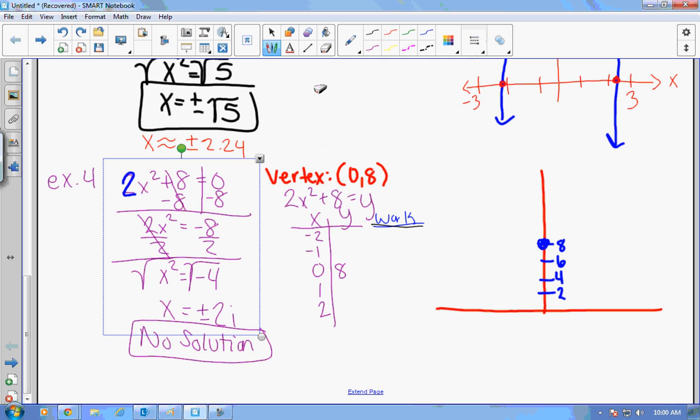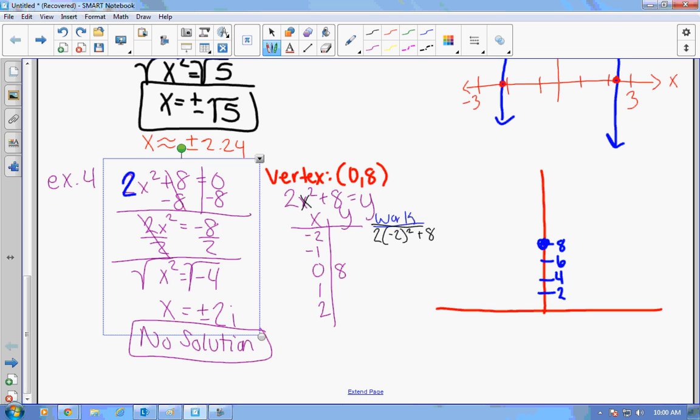Okay, wherever there was an x, we replace x with our new x value. So 2 times negative 2 squared plus 8. Please excuse my dear Aunt Sally, we can do this without a calculator. Let's use our brains. You do parentheses first and exponents.